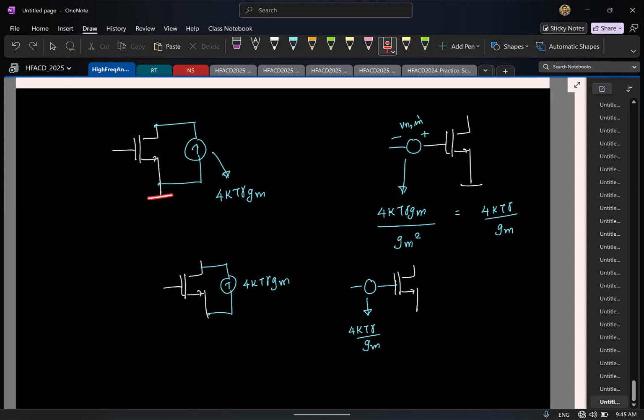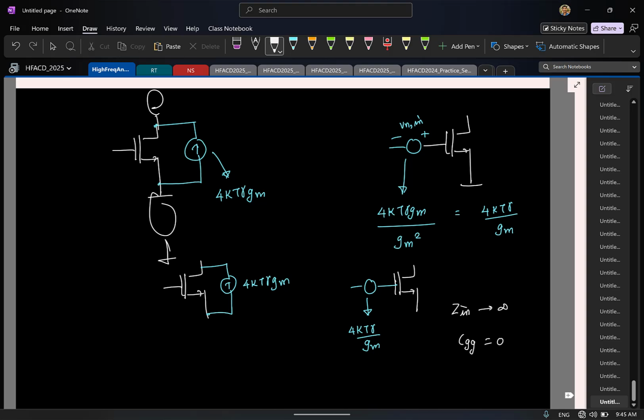I actually took a simpler case, but I'll give an assignment problem, so you can convince yourself that even if this is not grounded, and you connect something here and there, you can still do this. But the condition is that the input impedance is infinity, which means I am ignoring the gate capacitance.